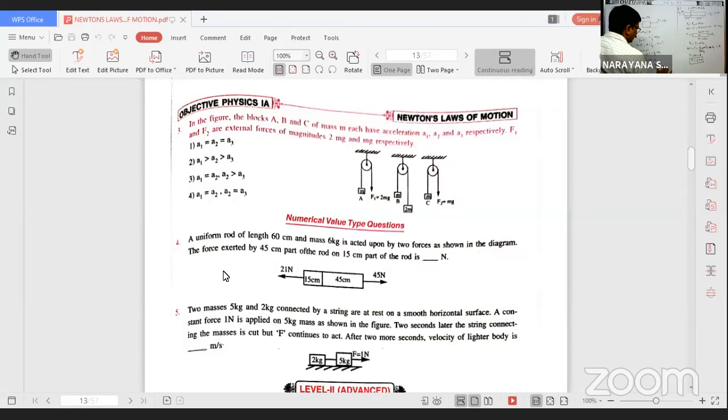So 2/7 plus F by M2, which is 1 by 5, into 2. When you take the LCM you will get 35: 10 plus 14, which is 24/35.